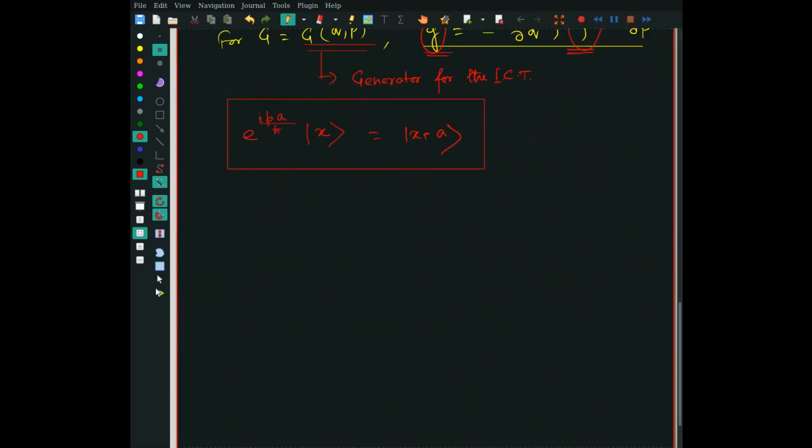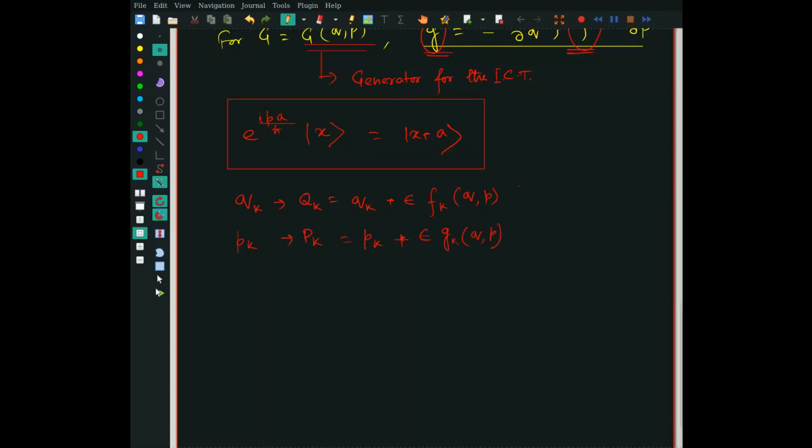I can write my kth coordinate, say q_k goes to capital Q_k, which equals small q_k plus epsilon times f_k(q,p). And p_k goes to capital P_k, which equals small p_k plus epsilon times g_k, a function of q and p.